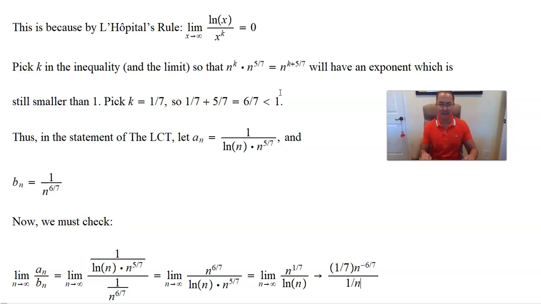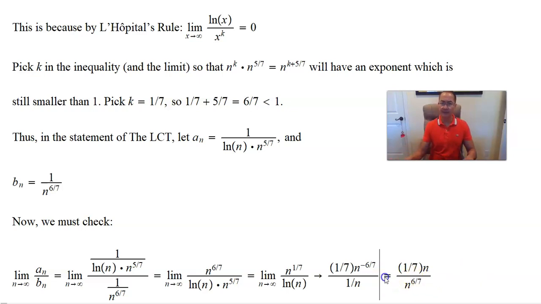It's really the same symbol, same limit, different symbol. Now we have some flipping to do. That is 1 over 7, and the n to the minus 6 over 7 goes to the denominator, so it's n to the positive 6 over 7. But the 1 over n flips to the numerator, so that's just n.